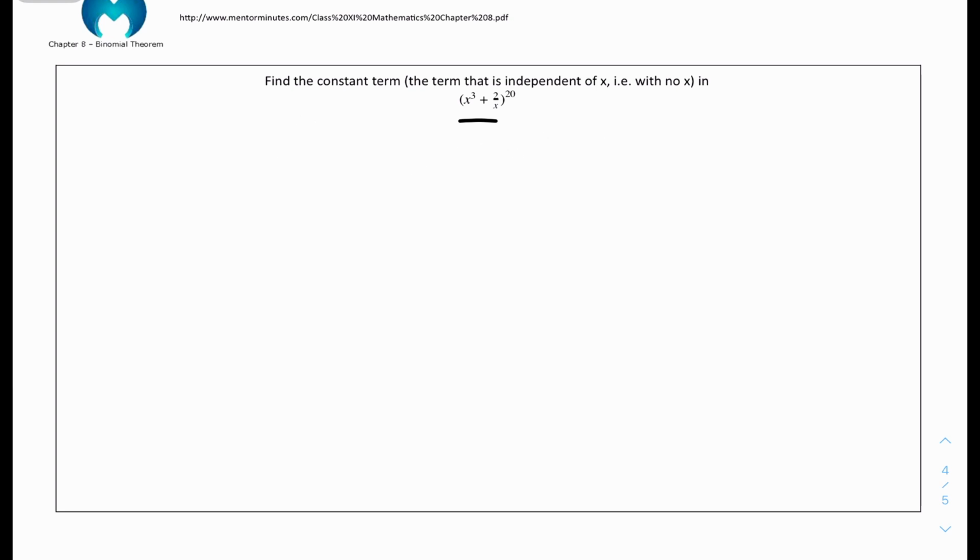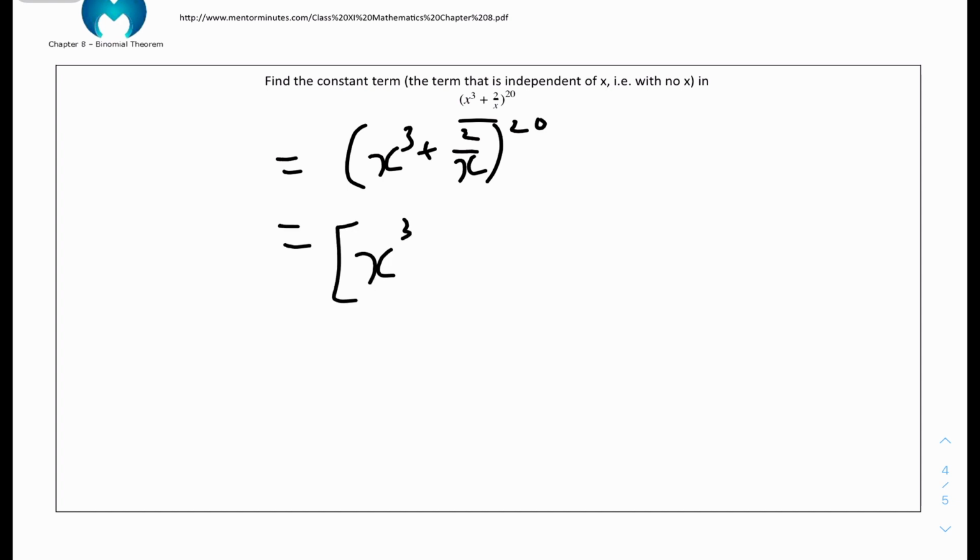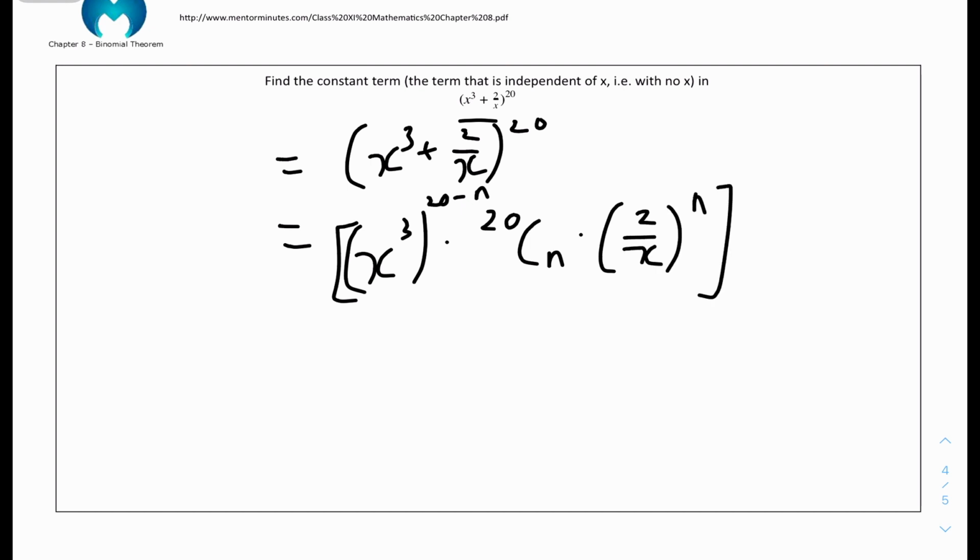So we're not going to expand everything because it will be very time consuming and inefficient. So we know the general expression will be x to the power of 3 times 20cn, and the power of this will be 20 minus n, times 2 over x to the power of n.